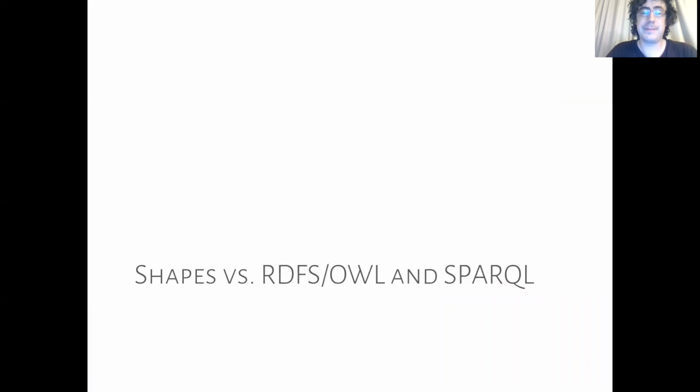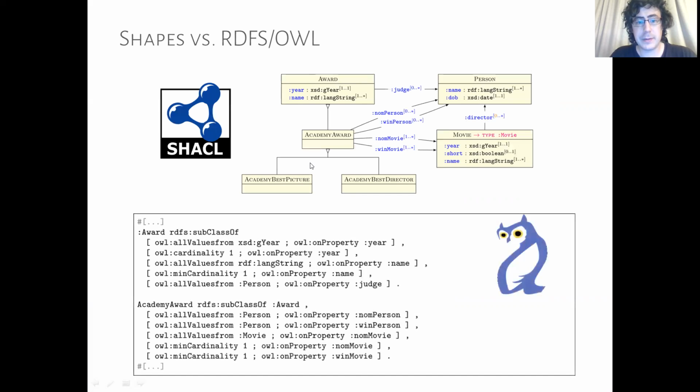So why introduce something new is the first big question, right? What's the difference between this and RDFS and OWL? We already saw we could define cardinalities and ranges and all sorts of cool stuff with RDFS and OWL. And what's the difference with SPARQL? With respect to RDFS and OWL, we could define something very similar to what this shapes graph describes.